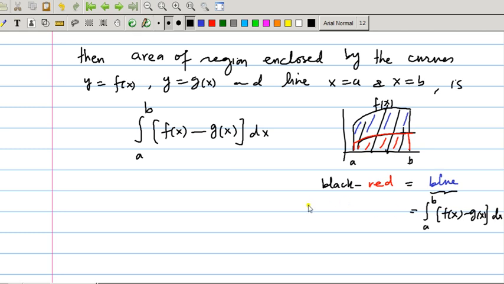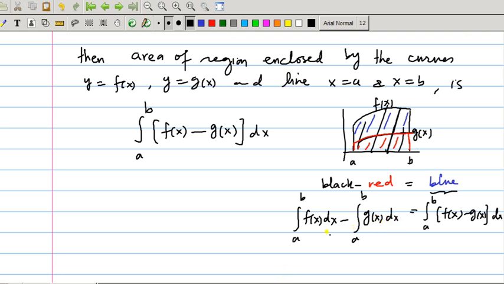Now if you just write the area of the black curve from the previous exercises, we know that if I only integrate f(x), it is the area from here to here, the total one. And the red one is, if I only integrate g(x), because the red curve is g(x). So if I integrate g(x) from a to b, I have the red area.